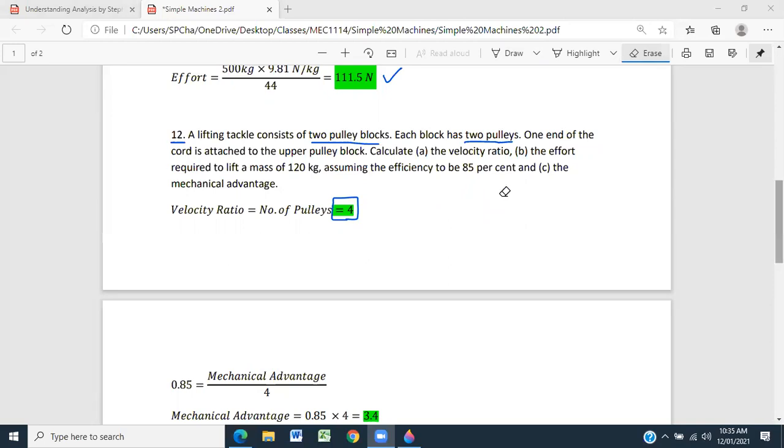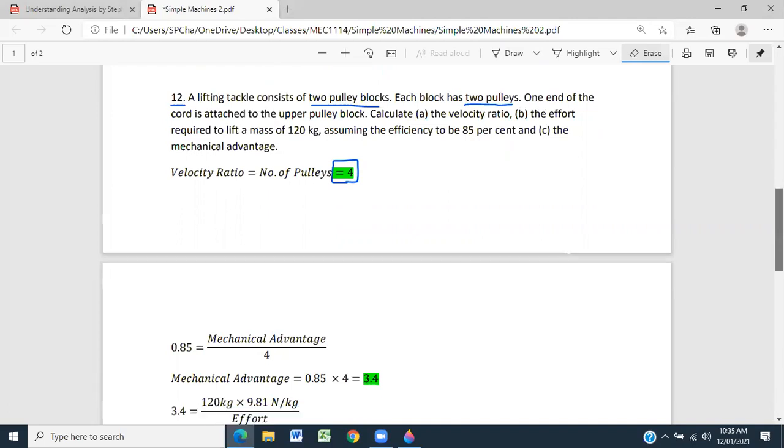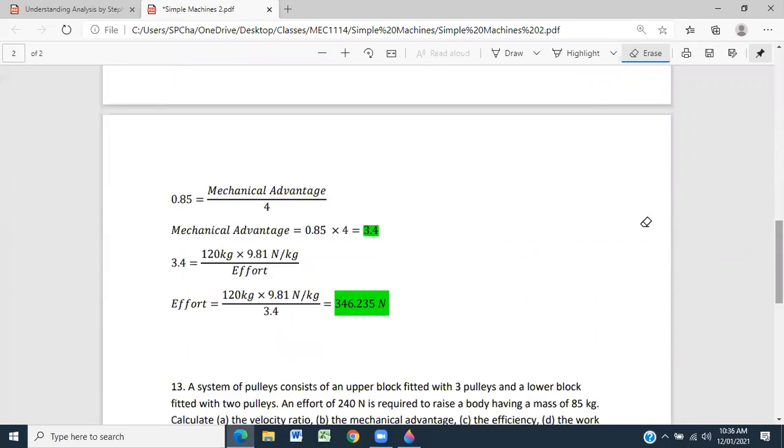So now, from the velocity ratio, we can calculate mechanical advantage, effort, efficiency, all these things, right? Keeping this in mind, the velocity ratio is 4. Let's find the mechanical advantage. Remember, efficiency is equal to mechanical advantage divided by velocity ratio.